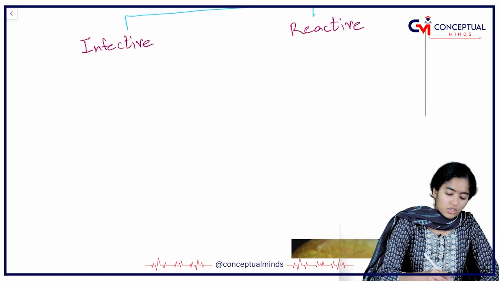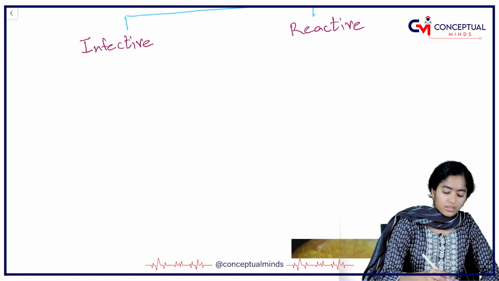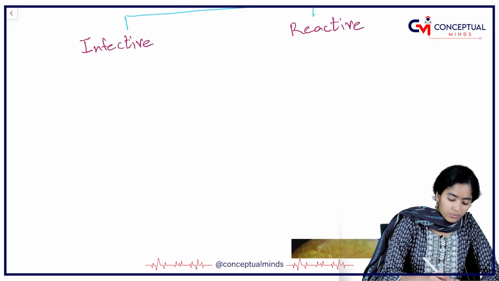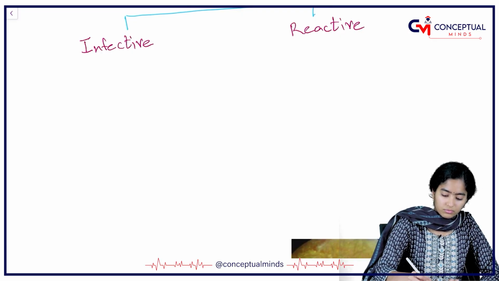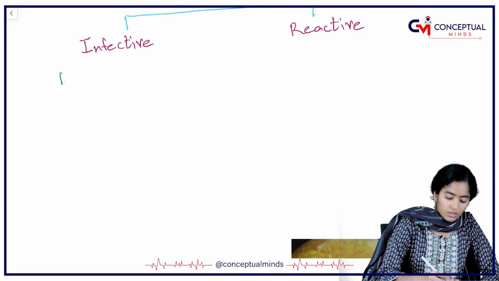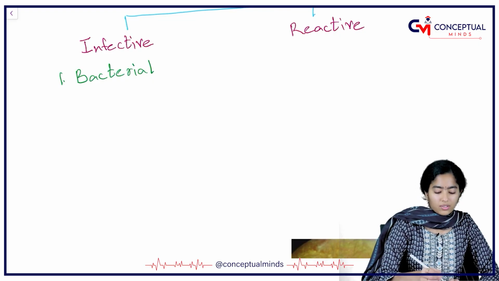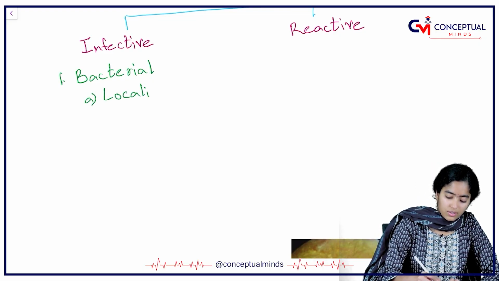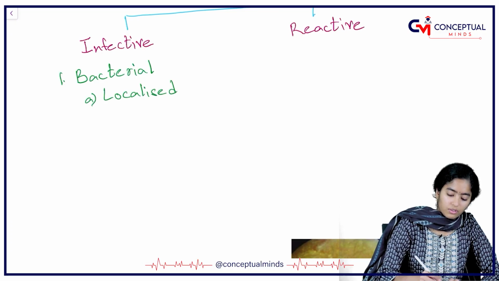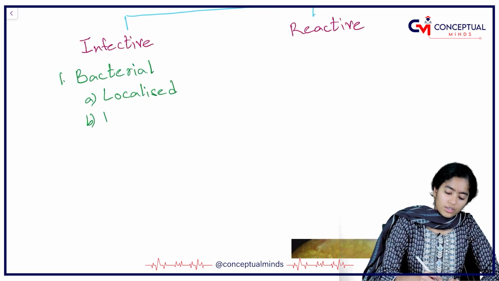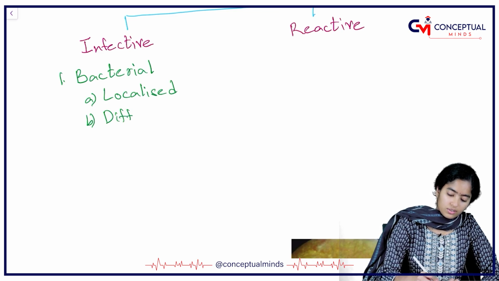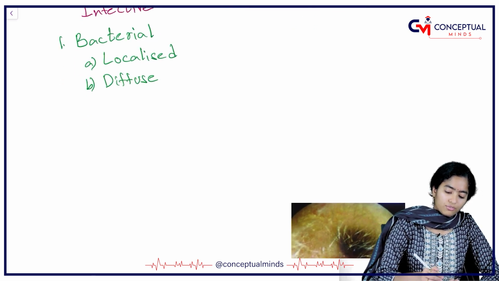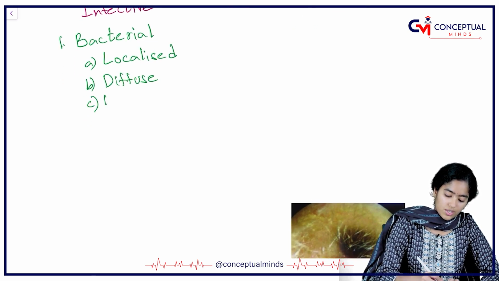Infective disorders, further we can list them under first bacterial. Under bacterial we have localized otitis externa, diffuse otitis externa, and finally malignant otitis externa.